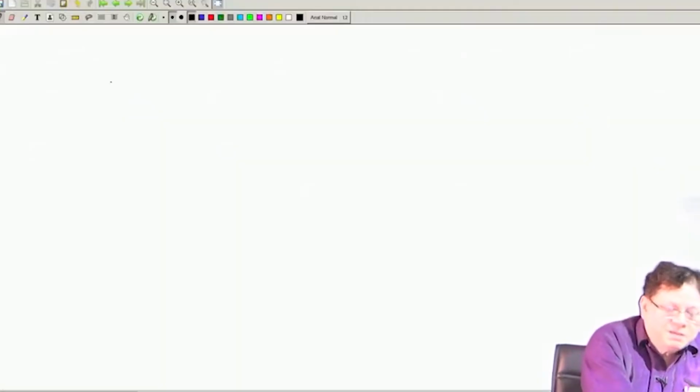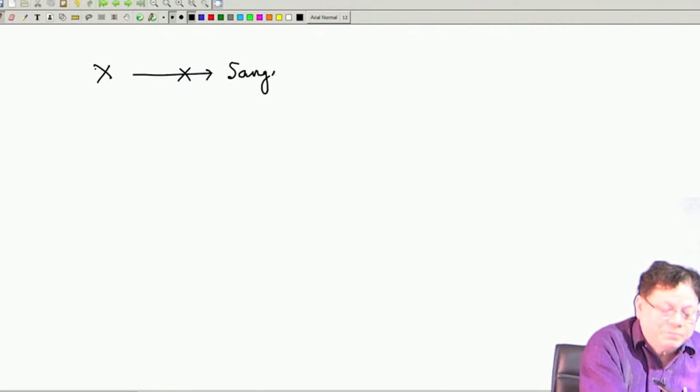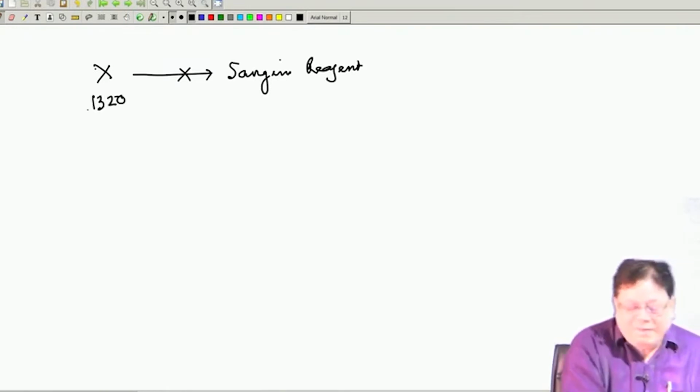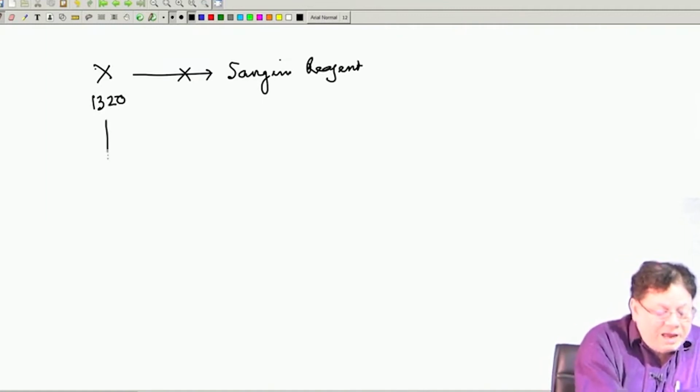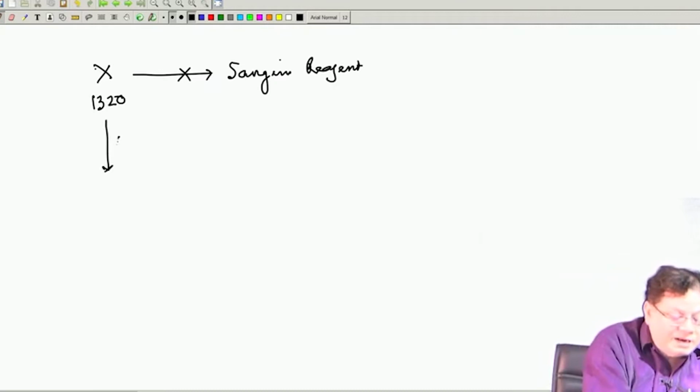So, first of all, X does not react with Sanger's reagent, that is number one. The second is that its molecular weight is 1320, that will be required, and then you have the amino acid analysis.